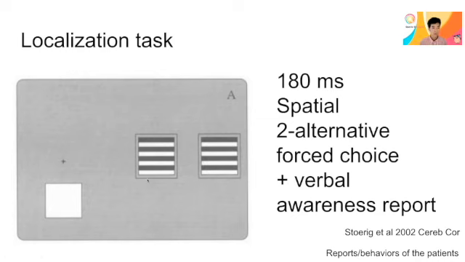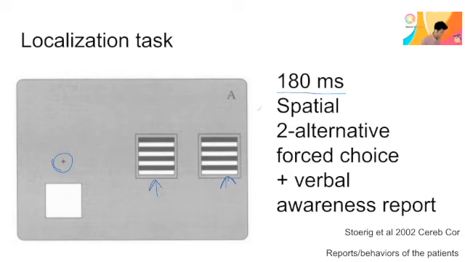Here, what they did was to ask the patients to look at the fixation cross without moving their eyes, and then press the button to go to the next trial. Then for only 180 milliseconds, there is a flash of light. It's too fast to move your eyes. The stimulus appears either at this location or this location.